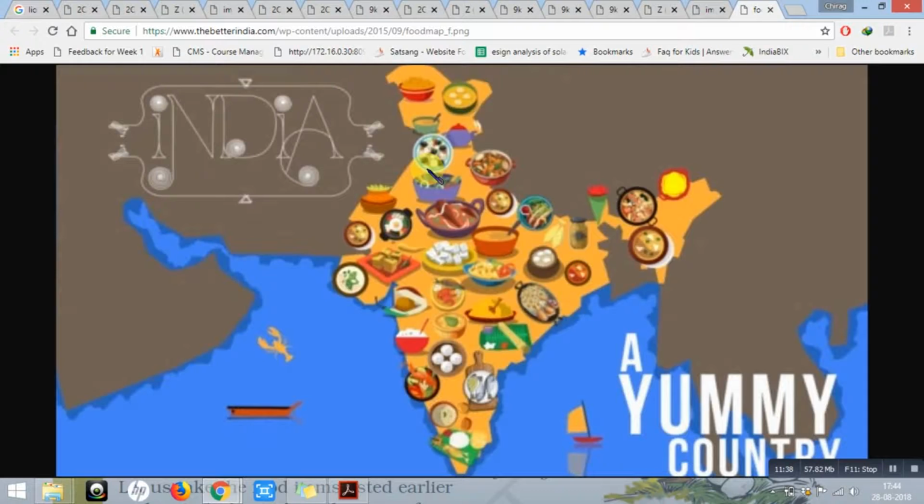People used to have more and more vegetables, and that's why they have chosen that Ganga is our mother river, because they are taking water from it and cultivating on the land.